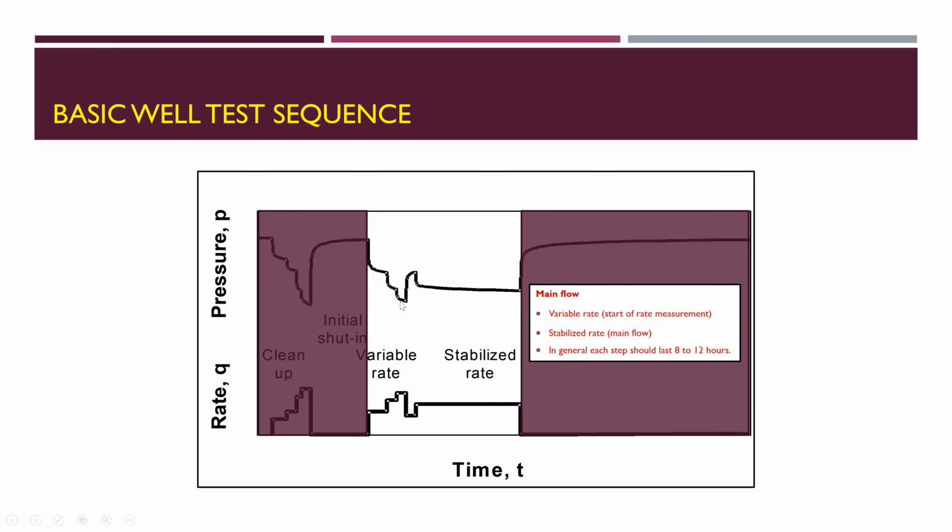This one is in terms of time, I'm talking about time, not choke size. So split from here to here is one time, from here to here another time, from here to here the last one. Consider how many hours: from 8 to 12 hours will be the step. This is the time for each step. So consider this 12 and this 12 and 8, sorry, it can be 20 hours in total.